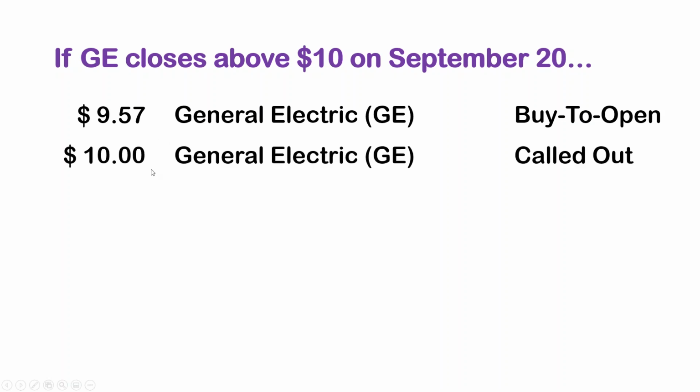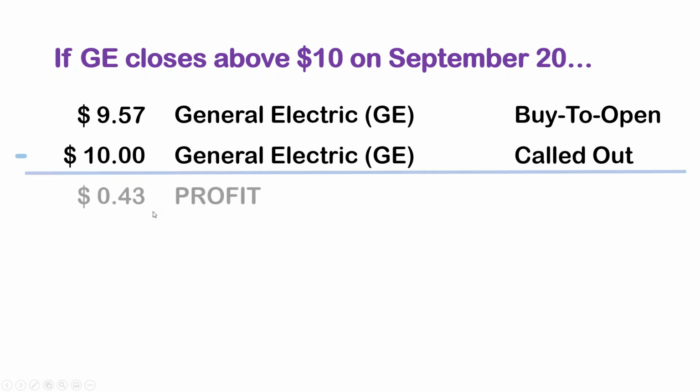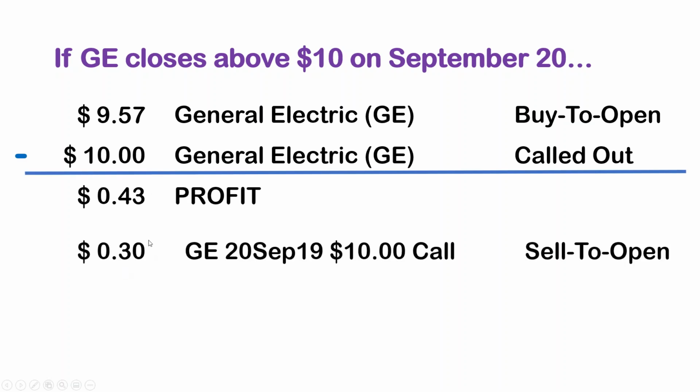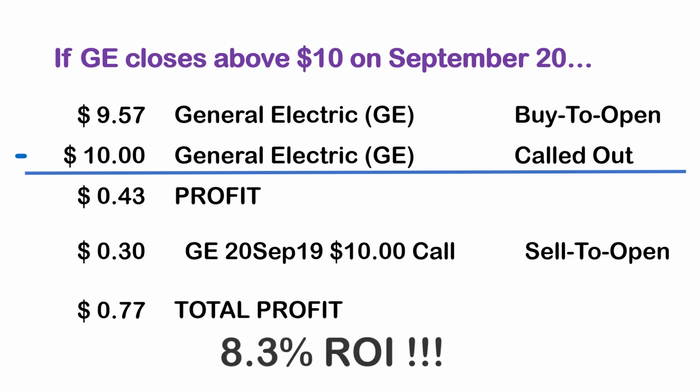We get $10 back for the exercised call. That gives us a profit of 43 cents. And in addition, we get to keep that 30 cents for selling that call against GE in the first place, for a 77-cent profit, which is 8.3% return on investment.